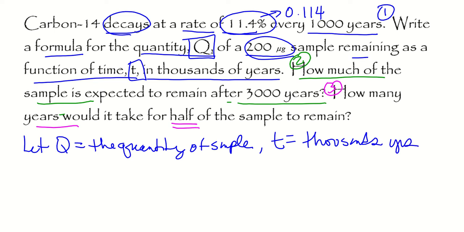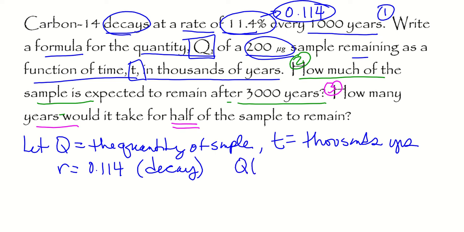And what we know beyond this is that we have a rate, this is our rate of 0.114. That is a decay rate. And we know that our original amount of sample, so Q of 0, is 200 micrograms, which we get from here.